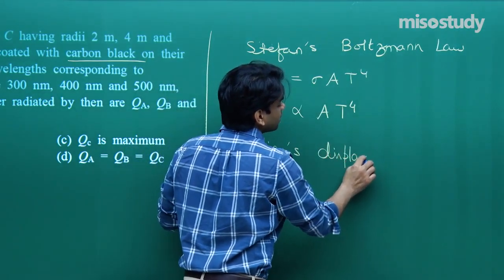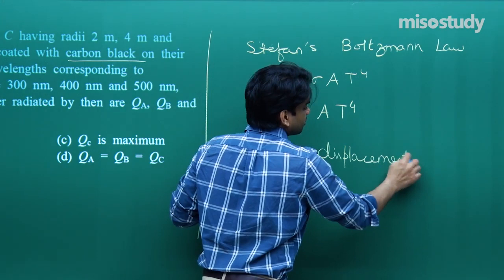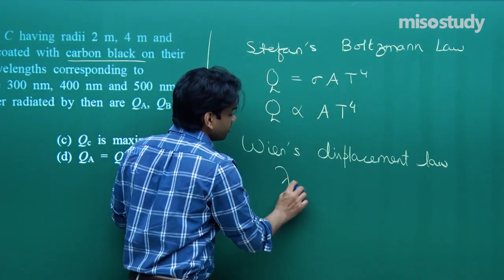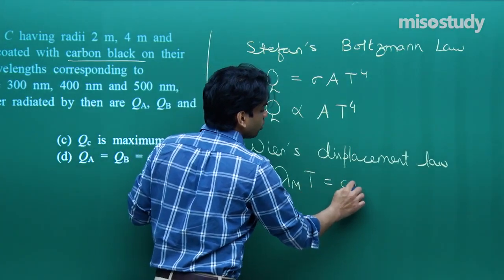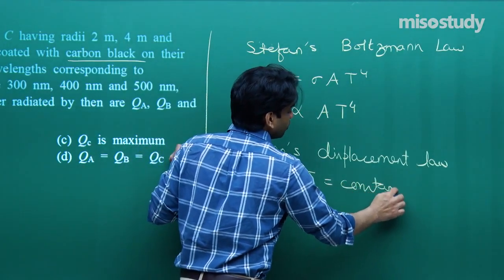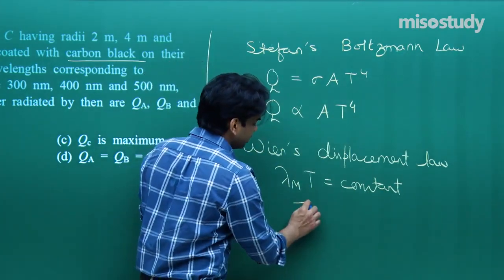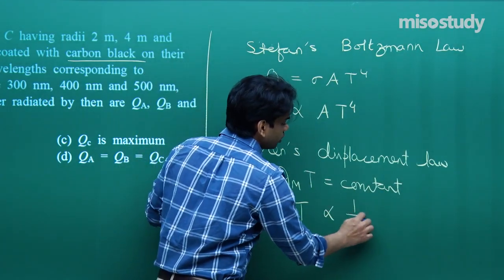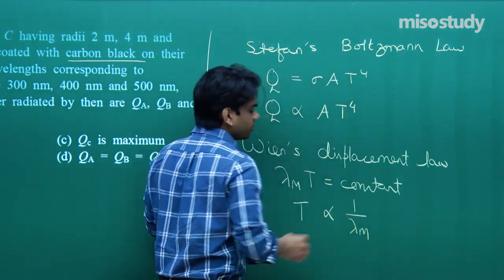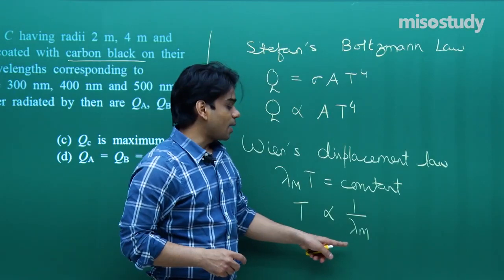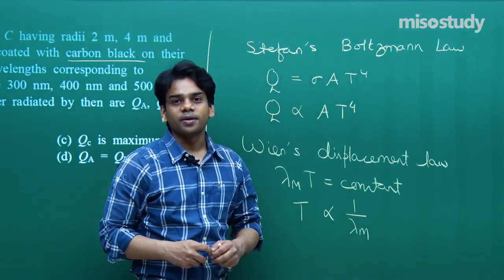Next you see that from Wien's displacement law, we all know that lambda m into T is equal to constant. This is what we know. So from here, can we write that T will be proportional to 1 upon lambda m? Lambda m I am writing, that stands for the wavelength of maximum intensity. So T will be proportional to 1 upon lambda m.